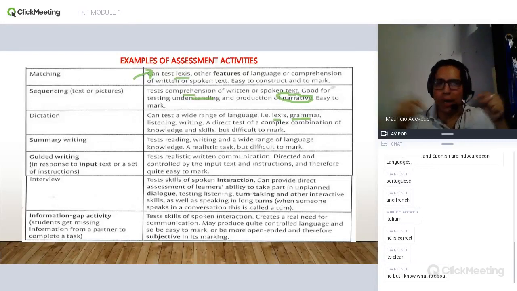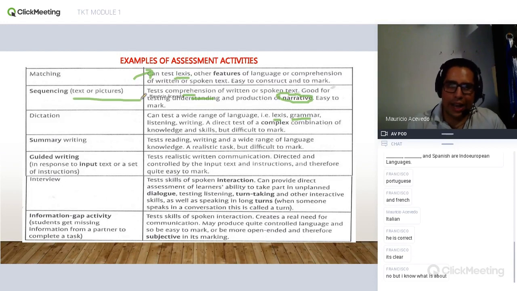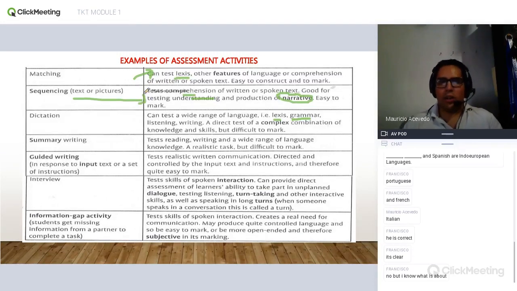It's basically to join sentences, pictures, etc. Sequencing, well, it's to put in order, for example a text or a narrative, etc. Dictation, well, that is to say something and make students write, and this is good because it evaluates many things such as lexis, grammar, listening, etc. Summary writing is basically to get information from a text and analyze it. Okay, and it evaluates mostly reading comprehension and writing.